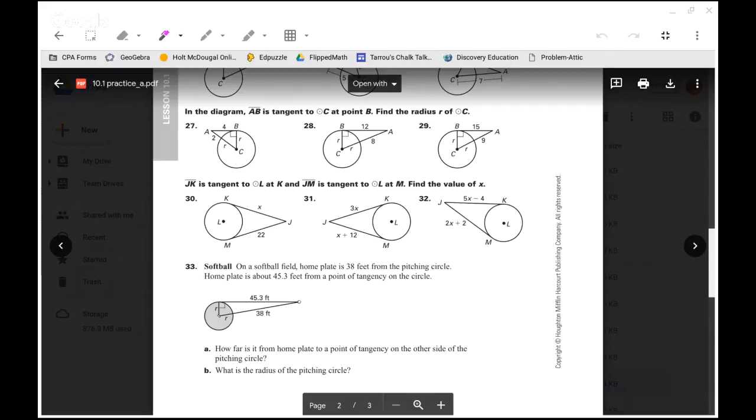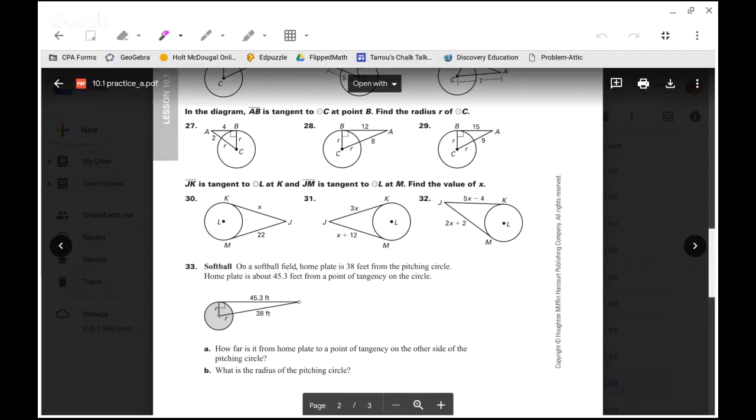With right triangles, when we're solving for one of the sides, we can use the Pythagorean theorem. Remember, the Pythagorean theorem is A squared plus B squared equals C squared.